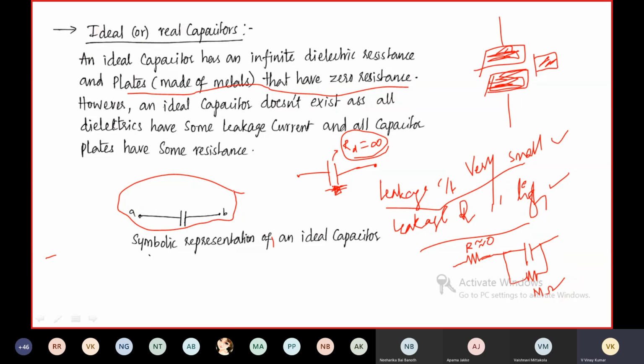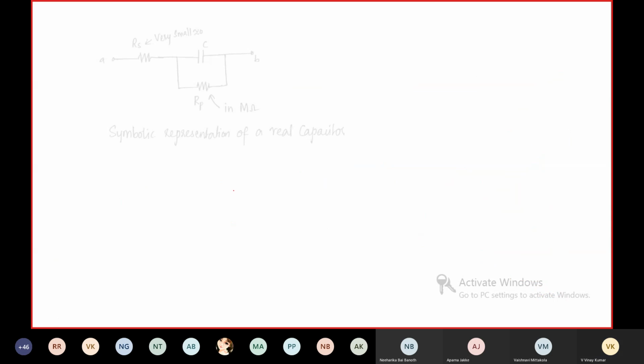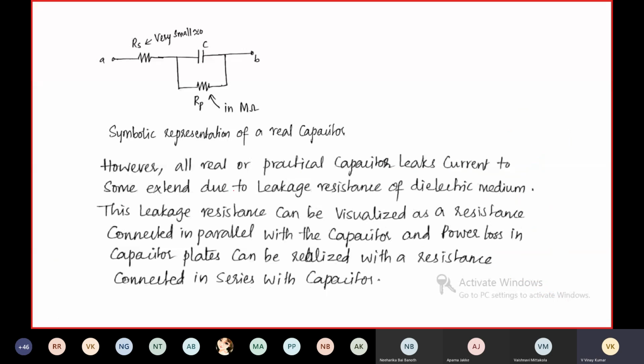If it is very high, there will be a small leakage current flowing in the capacitor. And capacitor plates have small resistance. So this is the representation of a practical capacitor. Rs is the resistance of the capacitor plates, and Rp is the resistance of the dielectric medium.